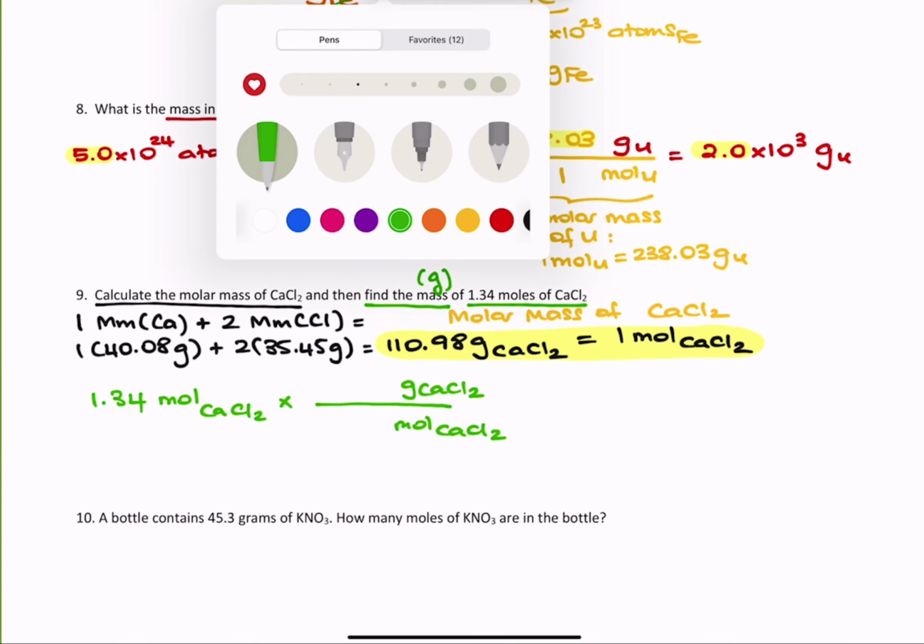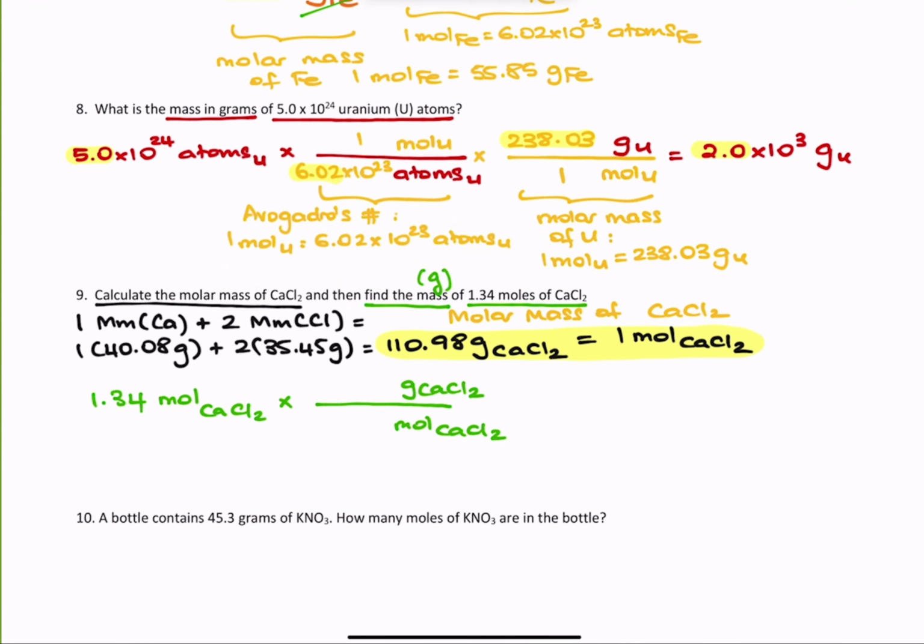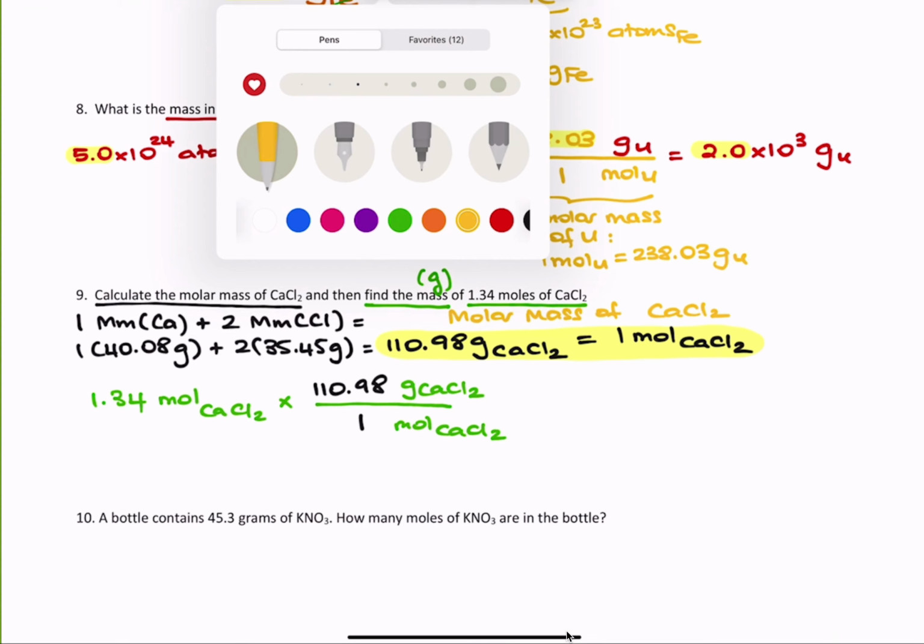We're going to fill in the blanks. 1 mole of CaCl2, 110.98 grams. To convert moles of calcium chloride into grams of calcium chloride, we use the molar mass of calcium chloride to fill in the blanks.